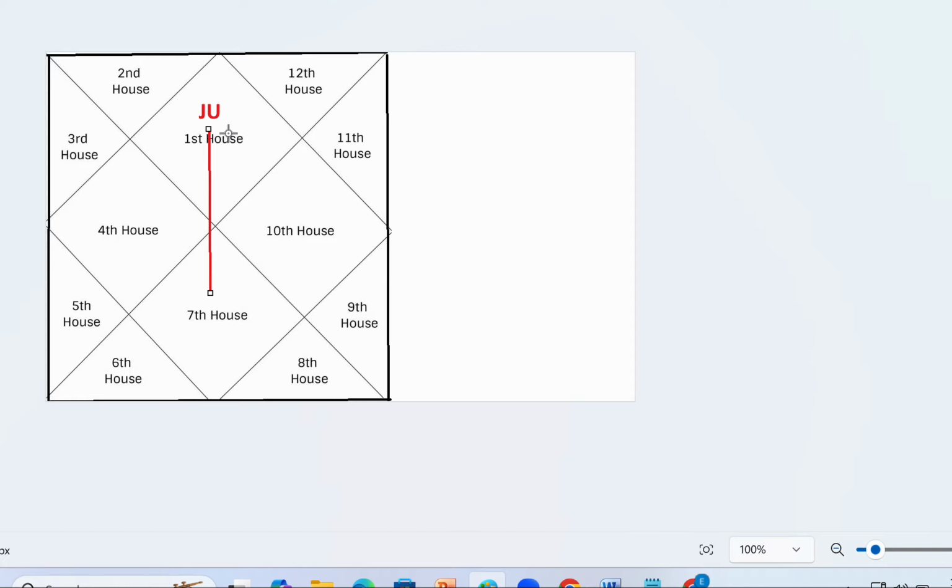Jupiter also, to a certain extent, creates health issues for the wife, because the 12th house is hospital visits and losses. So for an Aries lagna, Jupiter is not completely benefic; it is moderate.